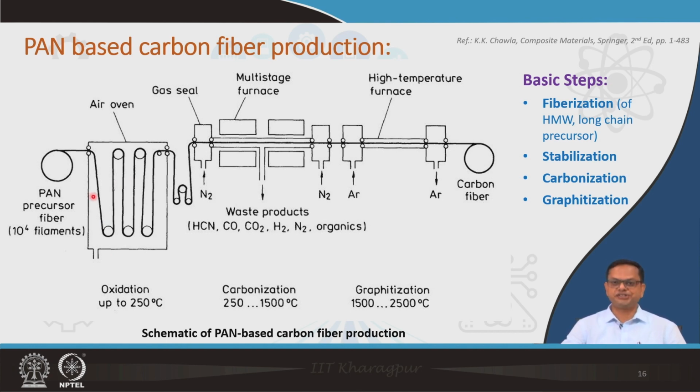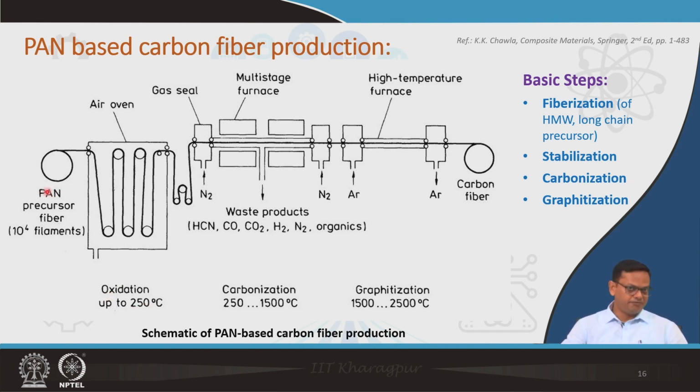Why do we need a rigid structure here? Because the next steps, which are carbonization and graphitization, are high temperature steps. At those high temperatures, we want the PAN structure to be stable, and because of that this oxidation step is actually applied, which we are calling the stabilization process.